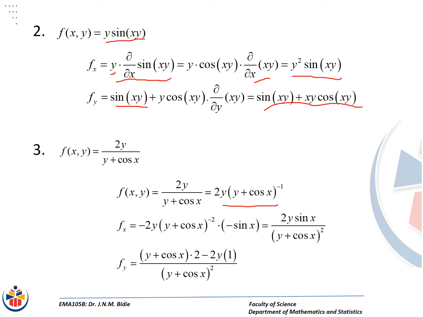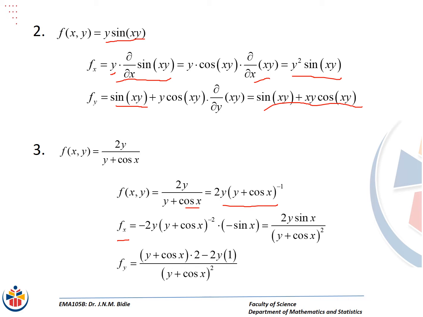Remember, y is held as a constant. So the derivative of f with respect to x, we're only differentiating cos x, which is in the denominator. Hence, we took everything up.